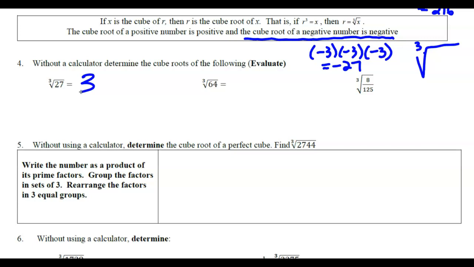So 1 cubed is 1, 2 cubed is 8, 3 cubed is 27, 4 cubed is 64, 5 cubed is 125. Okay, so for sure those ones without a calculator. So cube root of 8 is 2, cube root of 125 is 5.